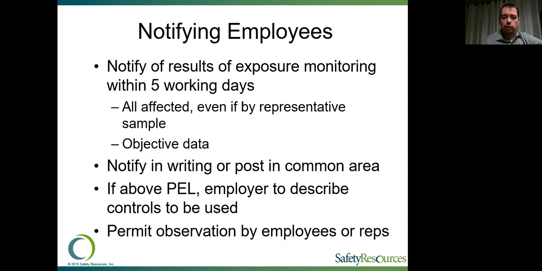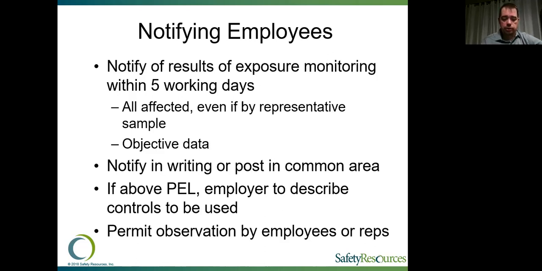So again, we want to make sure that we're providing that to them in writing, or posting that information in a common area. Typically, outlining it in the exposure control plan is also helpful, because that gives us a reference point and documentation on site for it as well. If it's above the permissible exposure limit, we have to make sure that they understand what control measures need to be used in order to minimize that as much as possible.